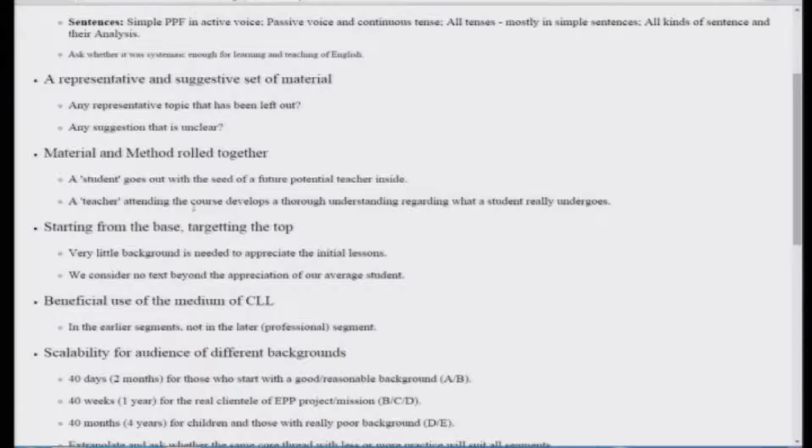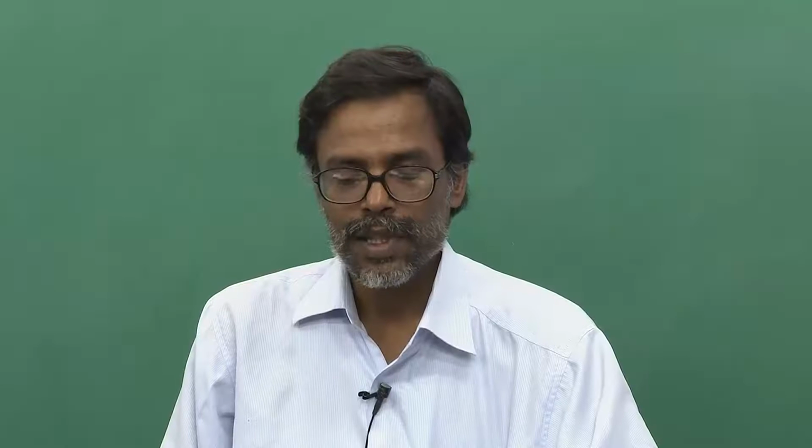So, in EPP, we typically do not promote the idea of turnkey project executions by teachers. That we do not recruit a teacher saying that you come here and you teach this topic, and the teacher does not know anything else of the course and goes and delivers that topic. We never believe in that kind of operational modality. Okay?